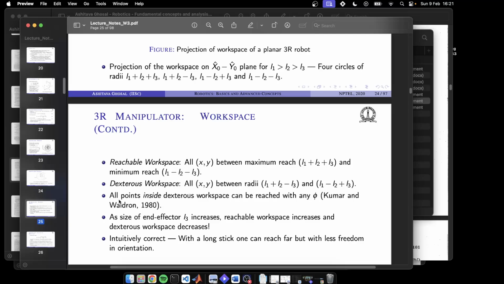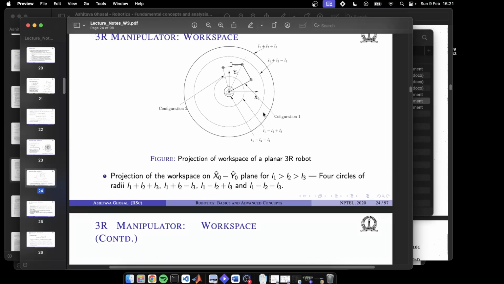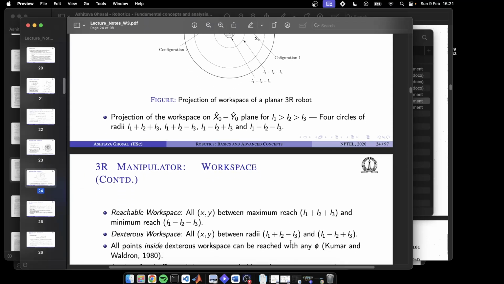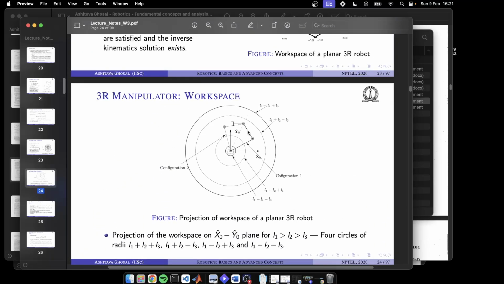Now the other division is the dexterous workspace. That is all points between the radii of the inner two circles, L1 minus L2 plus L3 and L1 plus L2 plus L3, the middle zone shown in this schematic.